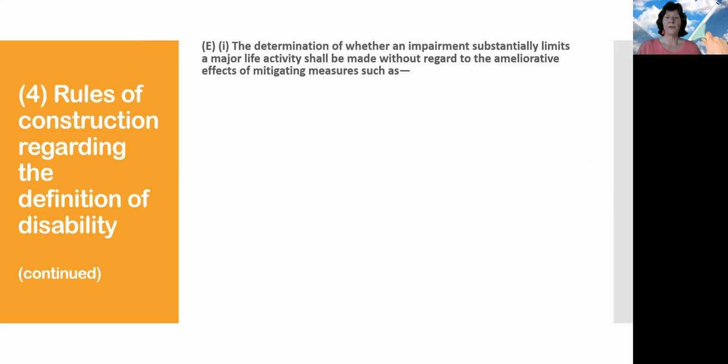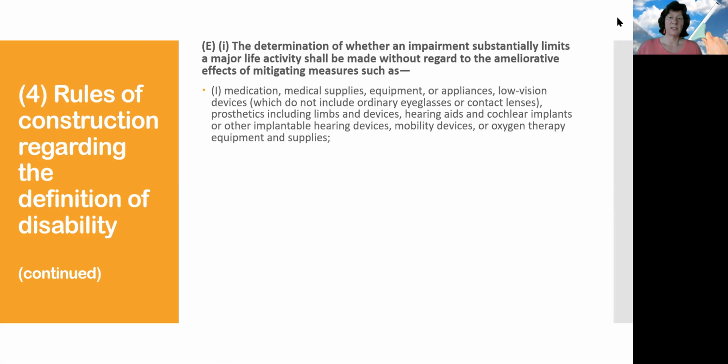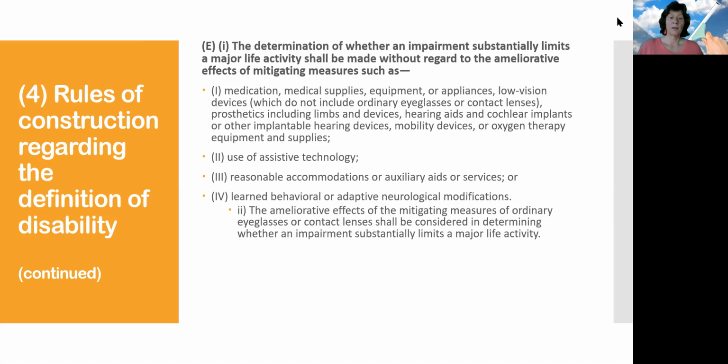The determination of whether an impairment substantially limits a major life activity shall be made without regard to the ameliorative effects of mitigating measures, such as medication, medical supplies, equipment or appliances, low vision devices, which do not include ordinary eyeglasses or contact lenses, prosthetics, including limbs and devices, hearing aids and cochlear implants or other implantable hearing devices, mobility devices or oxygen therapy equipment and supplies, use of assistive technology, reasonable accommodations or auxiliary aids or services, or learned behavioral or adaptive neurological modifications.